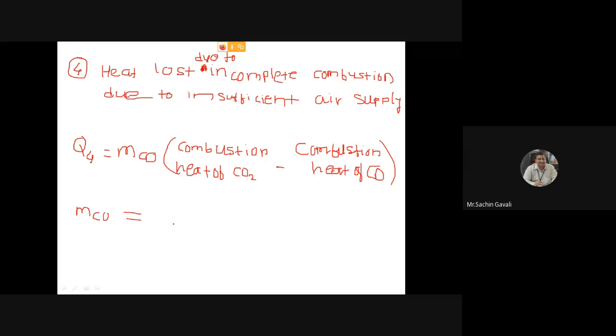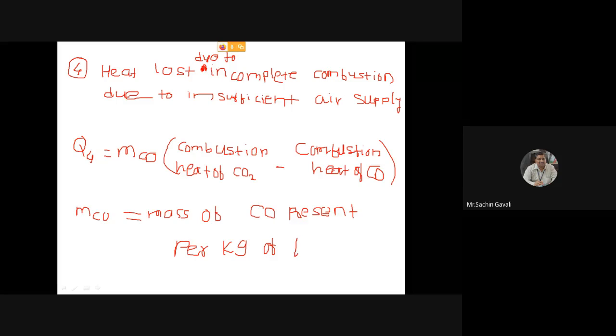MCO is equal to mass of CO present per kg of fuel.